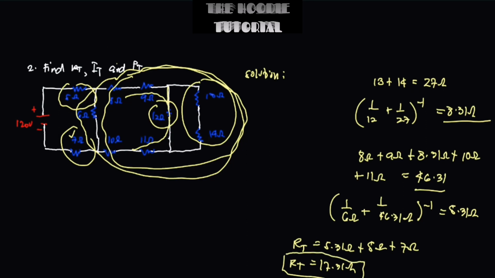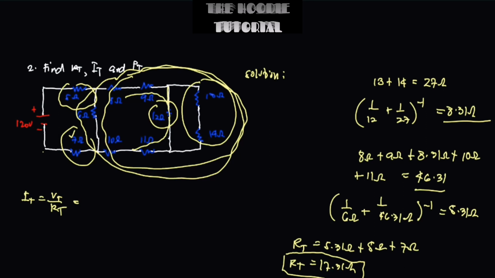You can also use another method right here, which is a one line diagram, but for me this is a little bit more accessible way in order to find the total resistance. So we already have the total resistance, we can now find the total current. So IT is equal to VT over RT.